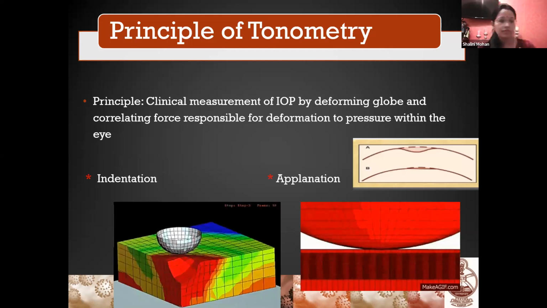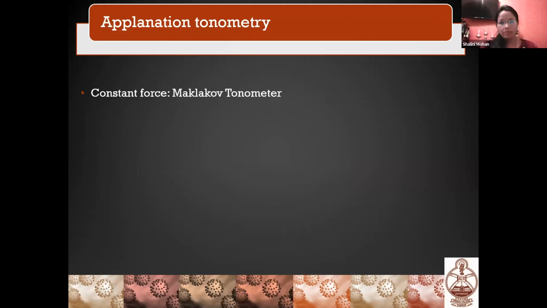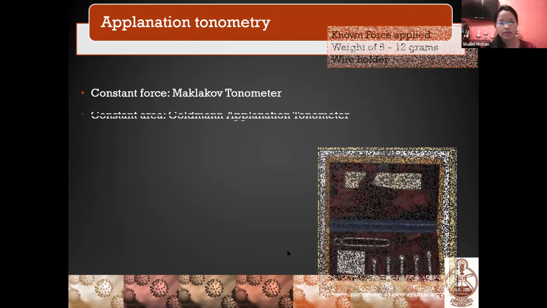accurate. So when we talk of applanation tonometry, we can have two types of applanation tonometer. One is constant force applanation tonometer, which is Maklakov tonometer, and another one is constant area tonometer, which is the Goldmann applanation tonometer. So coming to the first one, which is the constant force tonometer. Now here you can see in this diagram, this is a force. This is the weight which is applied onto the corneal surface.